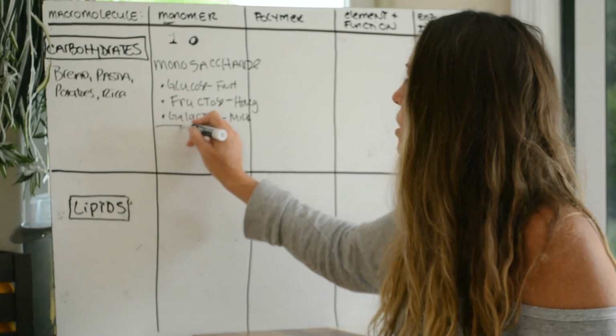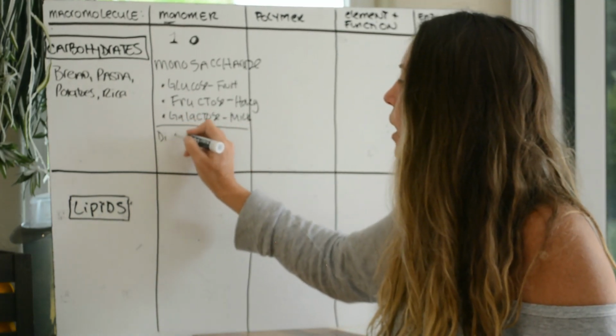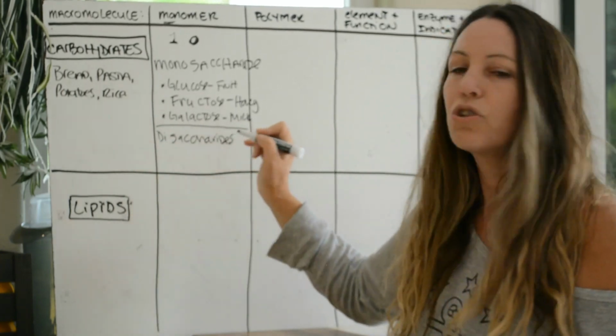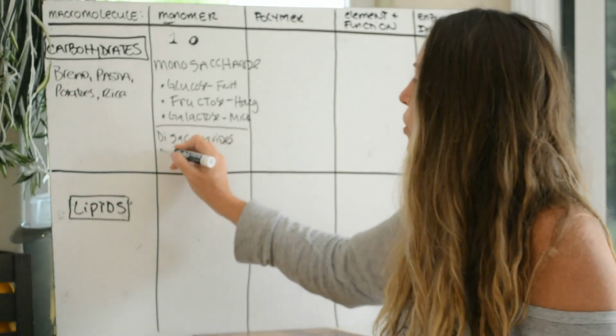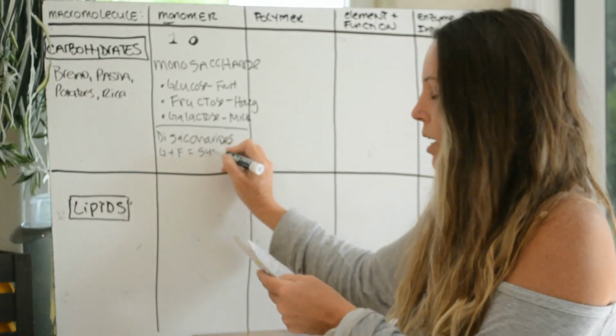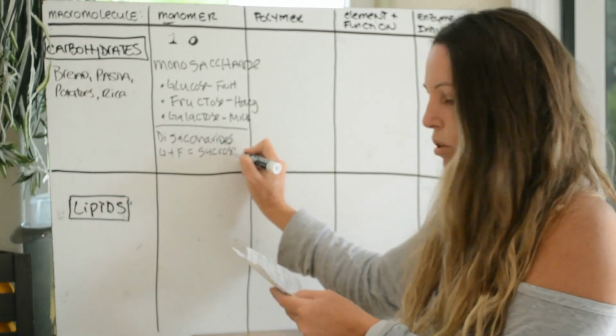Okay? And so this is actually known as disaccharides. Disaccharides mean 2 sugars. So if we do glucose plus fructose, it ends up creating a substance called sucrose.